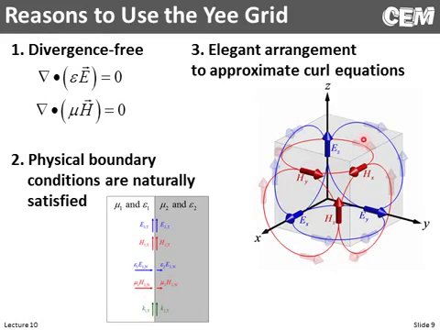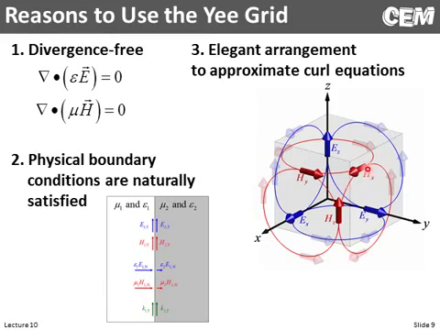This blurred fuzzy one is in the previous unit cell. This other blurred fuzzy one is in the previous unit cell. So immediately adjacent to this E sub z component are all of the components of H needed to calculate the curl. And in fact, I could look at any electric field component and I immediately see that right next to it are all the magnetic field components necessary to calculate the curl.